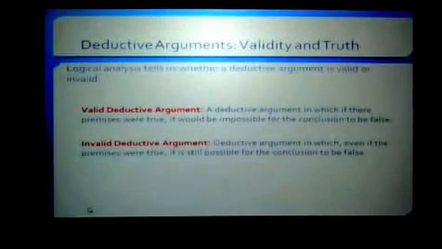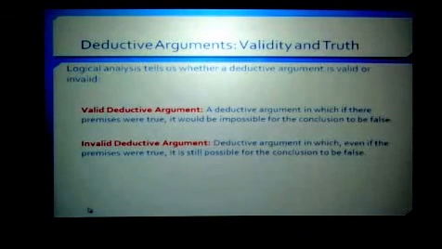So for the rest of this lesson, what we'll focus on are deductive arguments. We'll discuss inductive arguments in further detail later on in the semester. Now, when we do a logical analysis of deductive arguments, in other words, when we are concerned about whether or not the premises given, if they were true, support the truth of the conclusion, what we're concerned with is the validity of that argument.